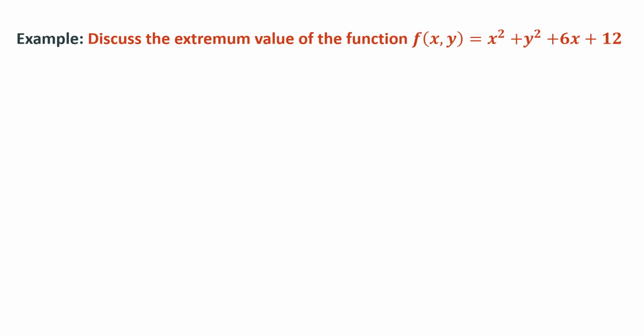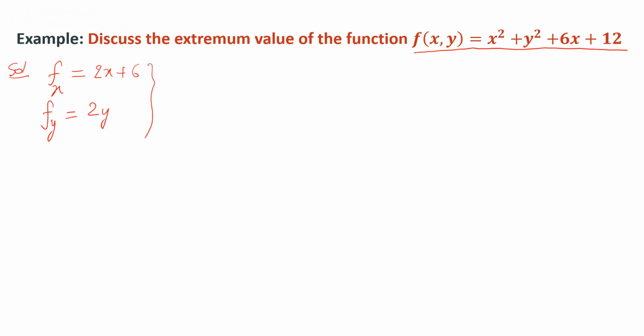So discuss the extremum value of the function f(x,y) = x square plus y square plus 6x plus 12. For that, first we find the stationary points. We find the partial derivative fx, the partial differentiation with respect to x, that is 2x plus 6. Now take the partial derivative with respect to y, and we get 2y.